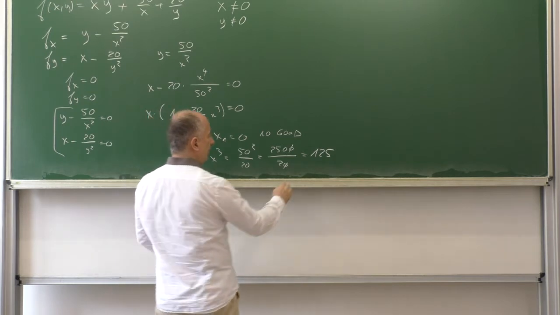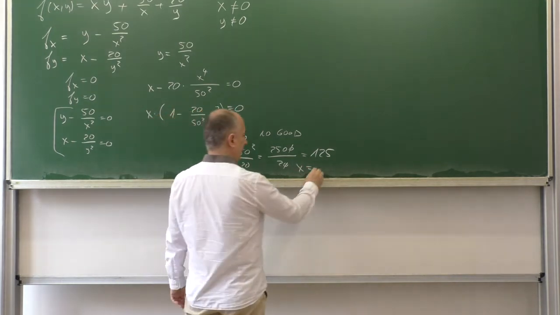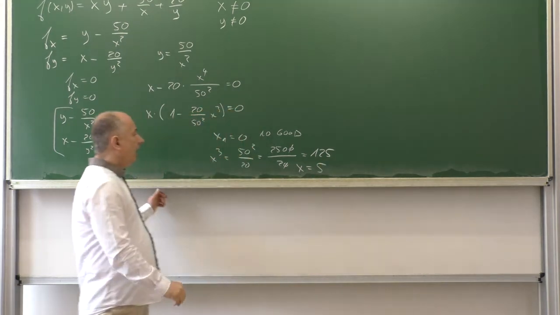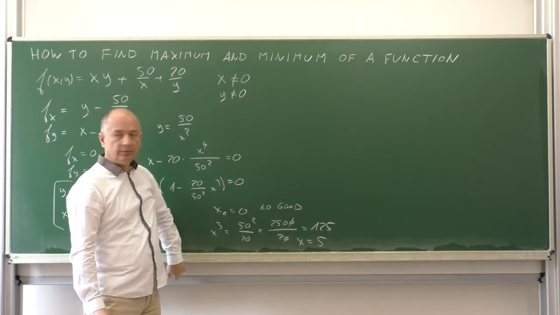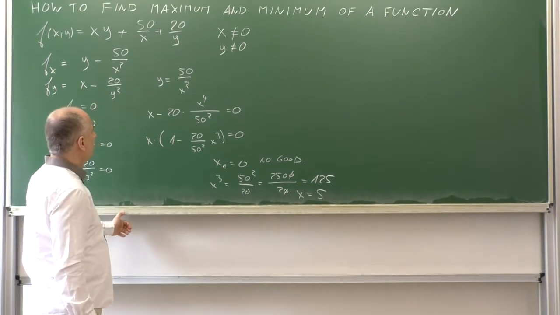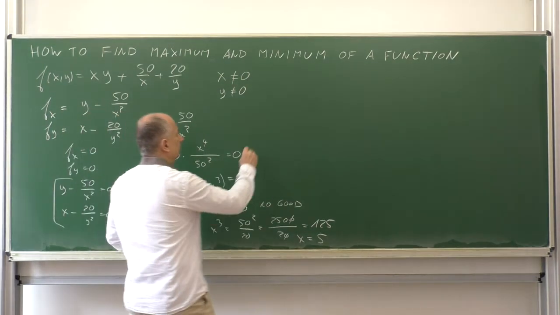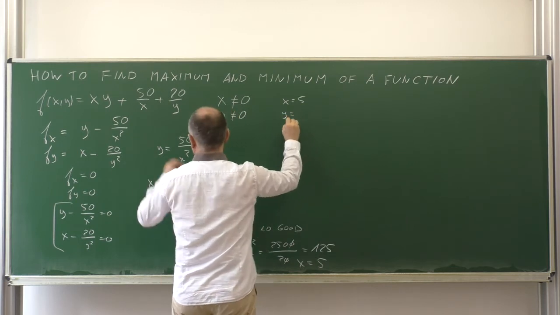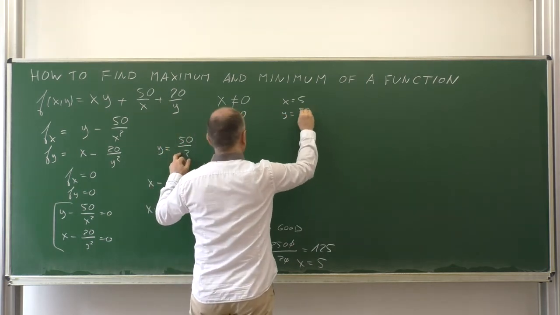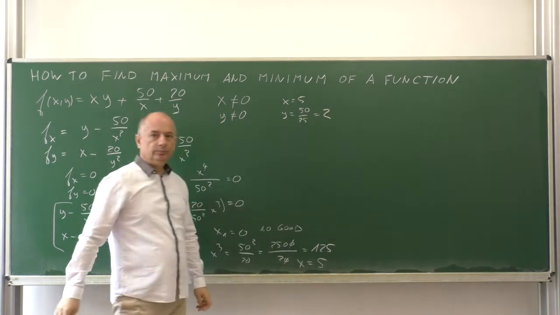And this means x is the cube root of 125, which is 5. And this is good. It is in agreement with this condition. And for x equal to 5, we can find the corresponding y, which is 50 divided by 5 squared, which is 2.